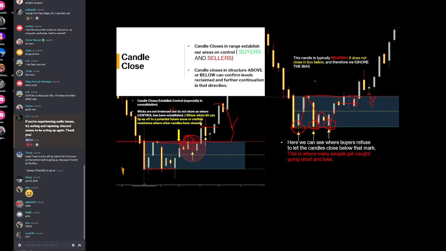All right, this candle is typically bearish, right? It does not close in. Okay, yeah, so this is a great example of what I'm talking about. I think this is called a hangman or something like that. That red candle right here is a bearish candle, an extremely bearish candle, right? You go to any candlestick book and they're telling you, boy, you better go short.